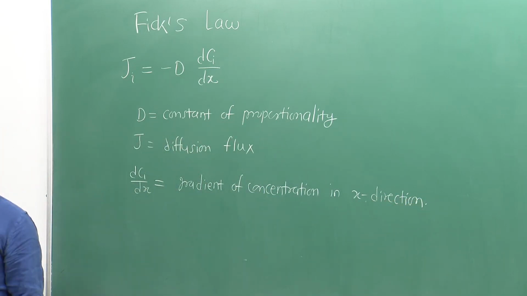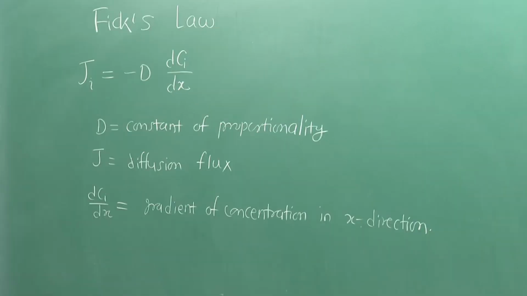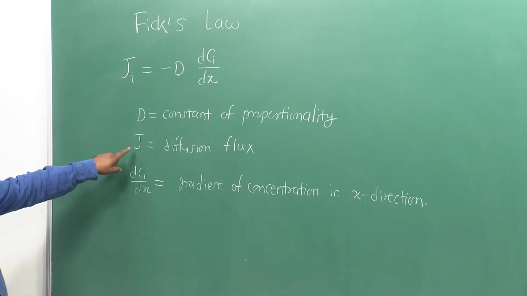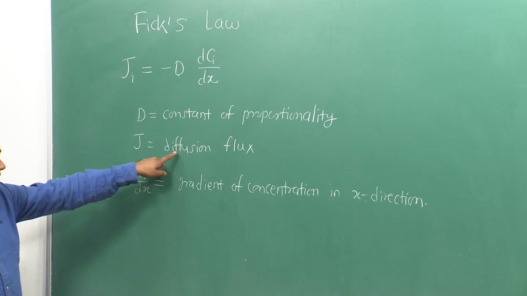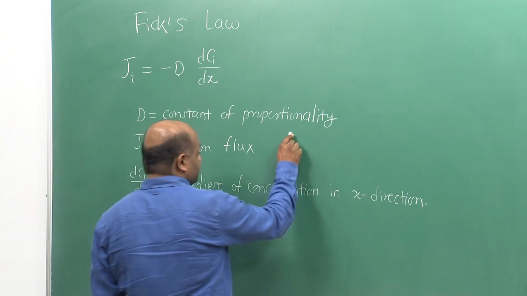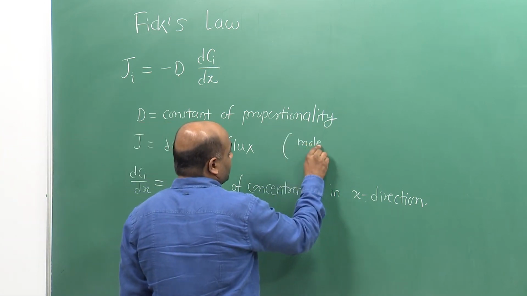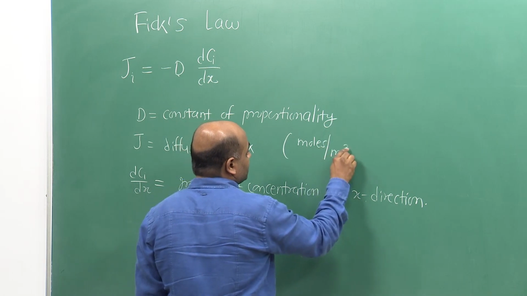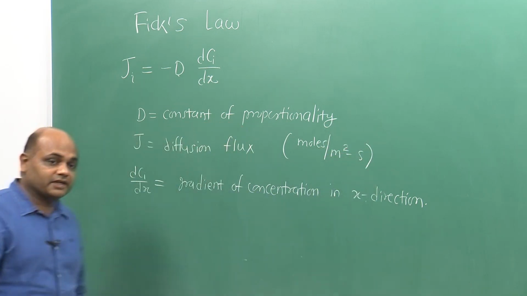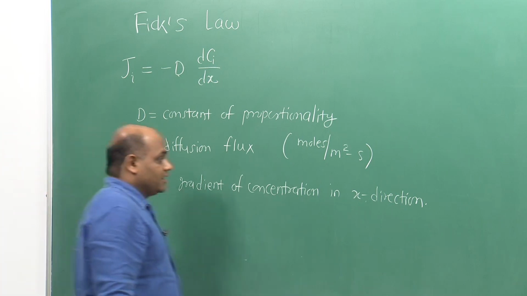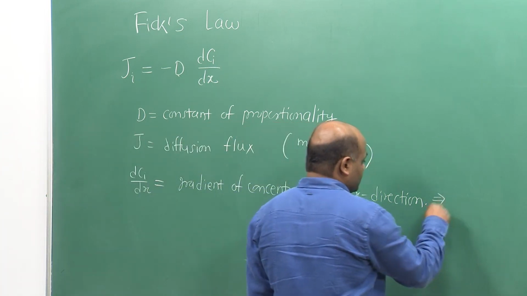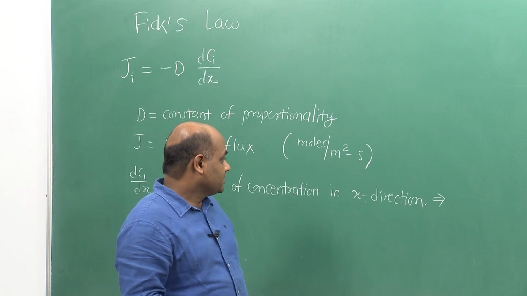So, this is the Fick's law equation as applied to unidirectional diffusion, which means the diffusion is taking place in one direction, here in the x direction, where x denotes the distance coordinate. The unit of flux we usually use is number of moles per meter square per second, and the concentration we express as moles per meter cube.